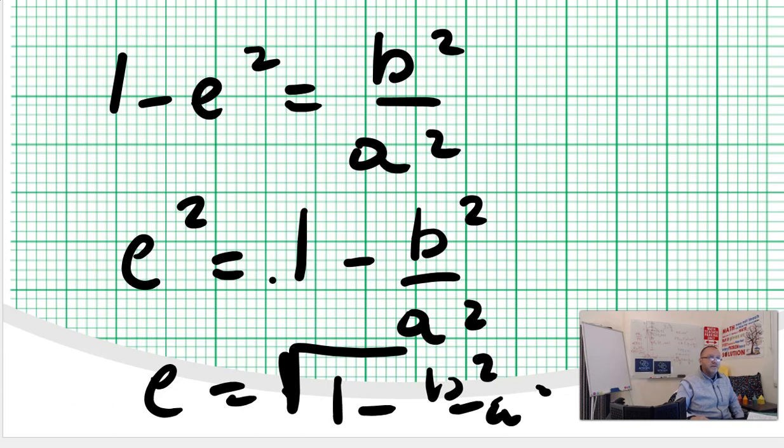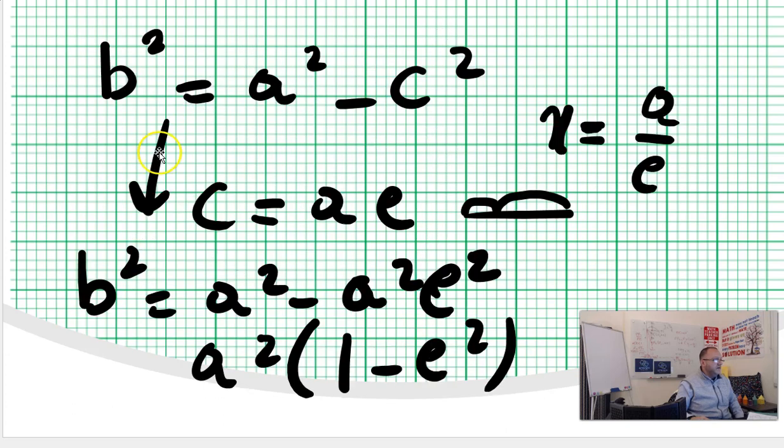The rest you need to conceptualize. There are tons of formulas depending on how you move this ellipse vertically or horizontally. So basically, we cannot memorize all that stuff. All we need to know is the following. b squared equals a squared minus c squared, c equals a times e.